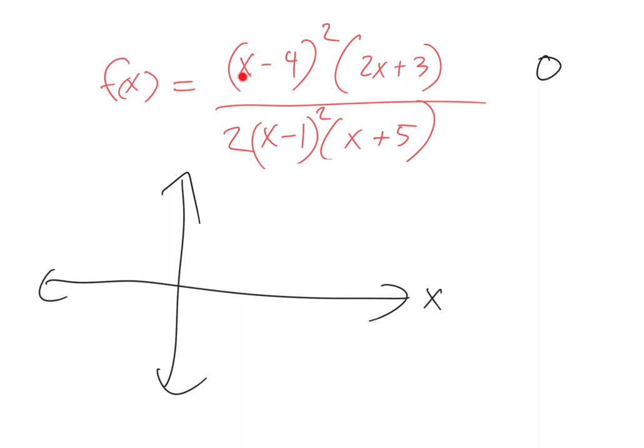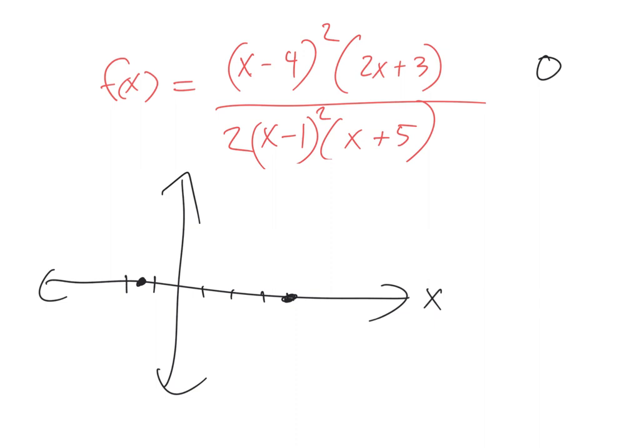This is 0 when x is 4. So at x equals 4, 1, 2, 3, 4, I have a zero because it crosses the x-axis at 4. And then I look at the other one and say, what makes this 0? That would be negative 3/2, which is negative 1.5 right there. So I have my graph crossing the x-axis in two different places.